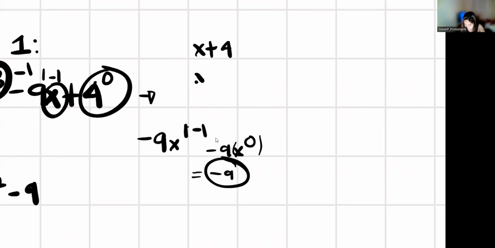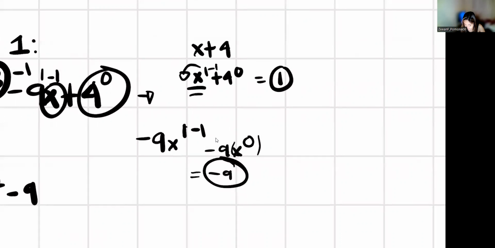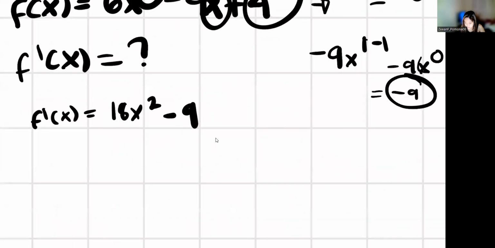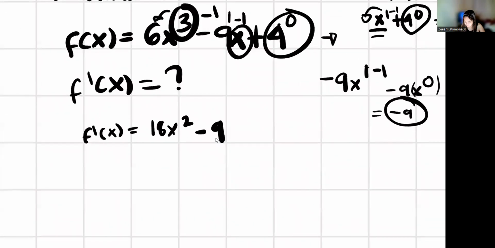We know that it's x to the power of 1 plus 4 to the power of 0. And that will equal 1, because this goes here, minus 1, and then this is just a constant number. Okay, so that's pretty simple.